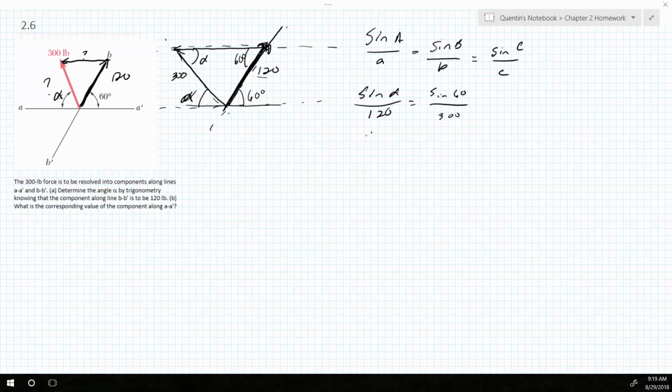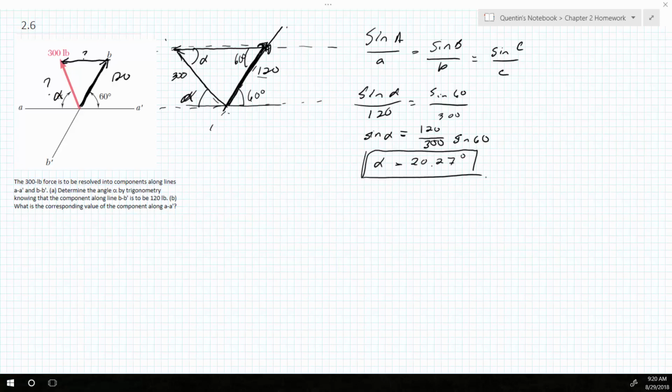So therefore, sine of alpha is equal to 120 over 300 times sine of 60. So therefore, alpha is equal to 20.27 degrees.